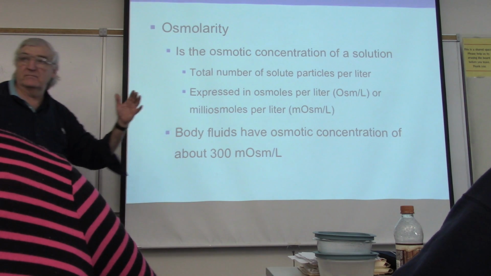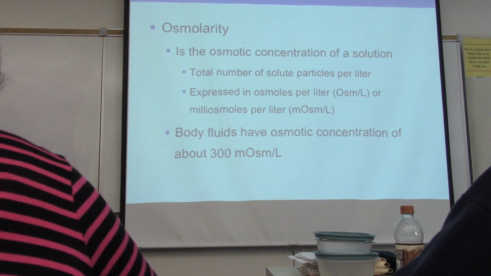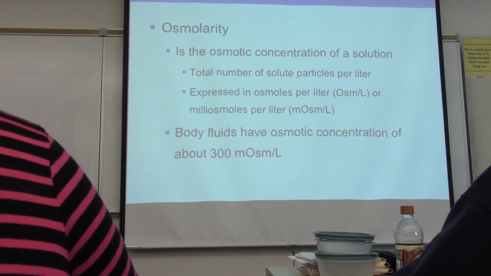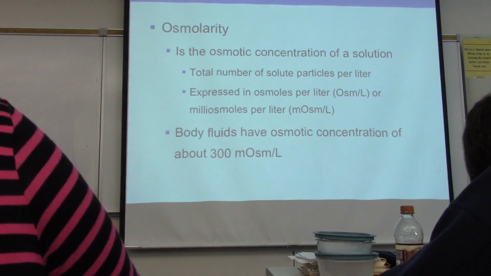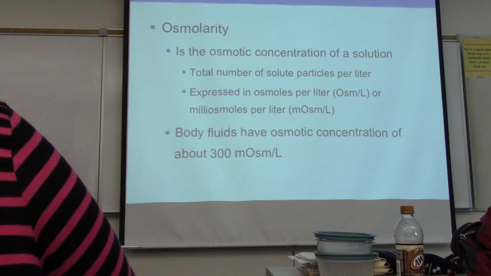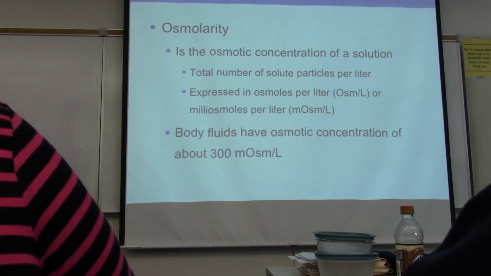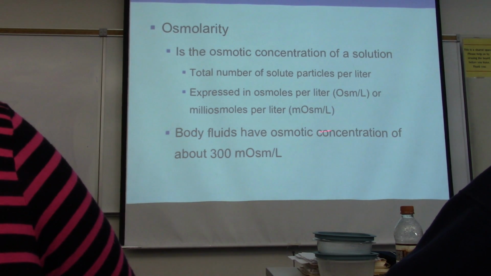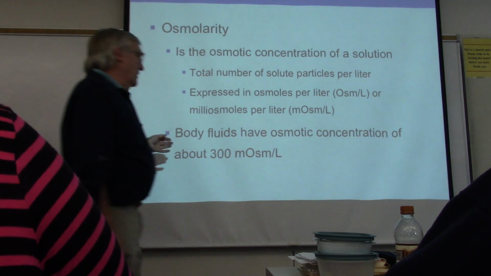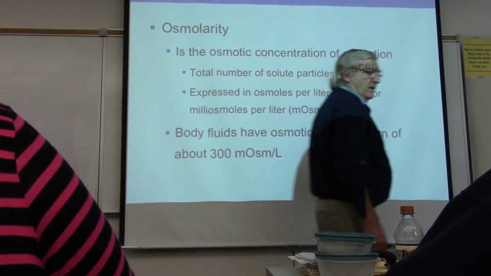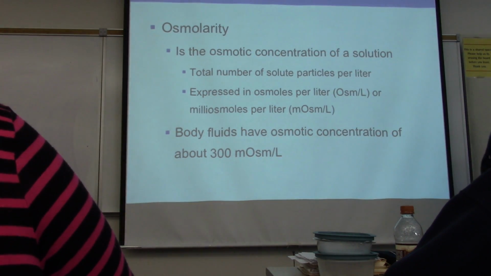And osmolarity is just a measure of how many things are in solution with you. Measured in milliosmolar, our blood is about 300. We said earlier that we can concentrate our urine up to about 1200 or 1400. But all of our body fluids are always the same. Our osmolarity is kept very, very constant.